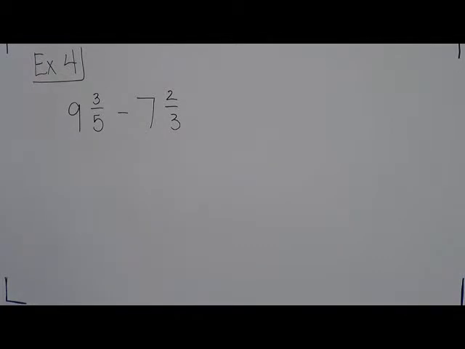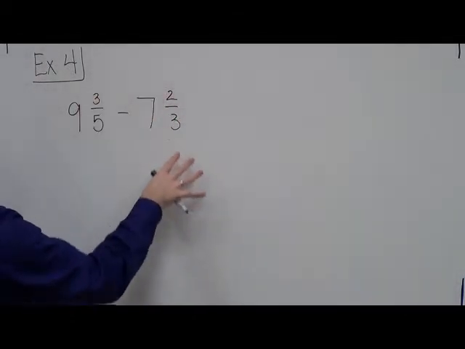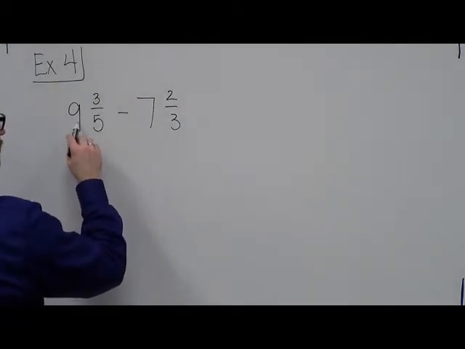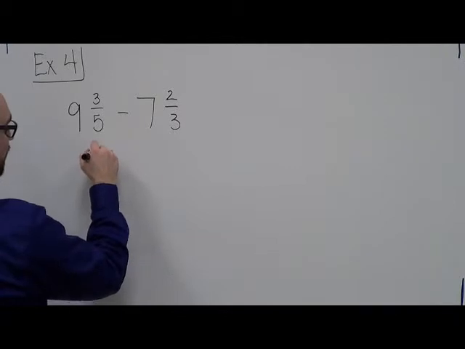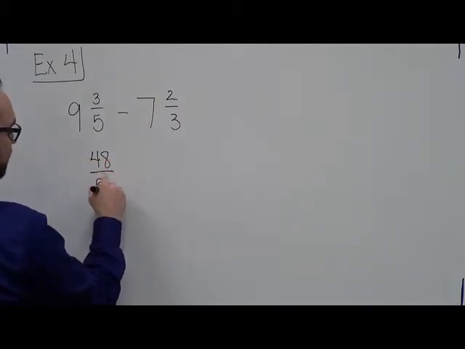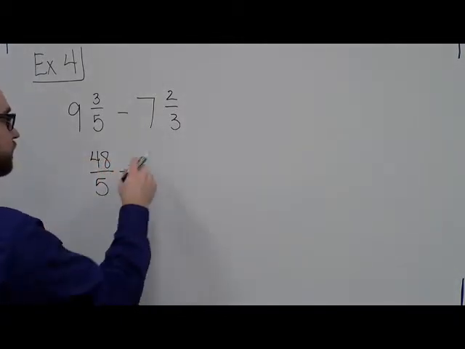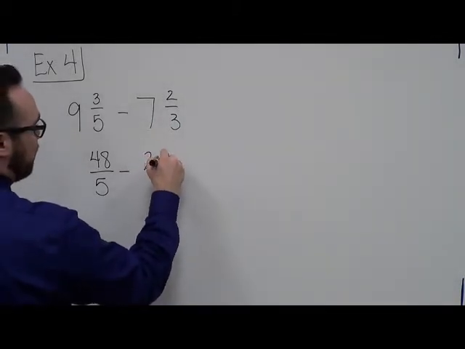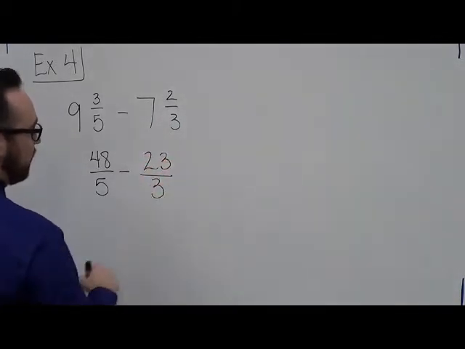The easiest way to do this would be to, again, just like when we multiplied and divided, rewrite these as improper fractions. So to do that, 5 times 9 is 45, plus 3 gives us 48 over 5, minus 3 times 7 is 21, plus 2 is 23, all over 3.